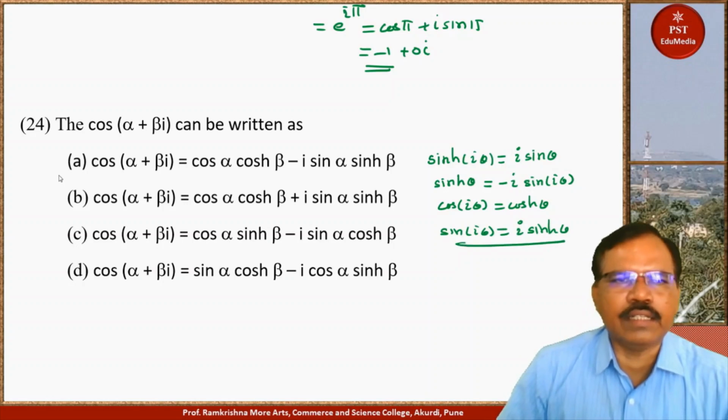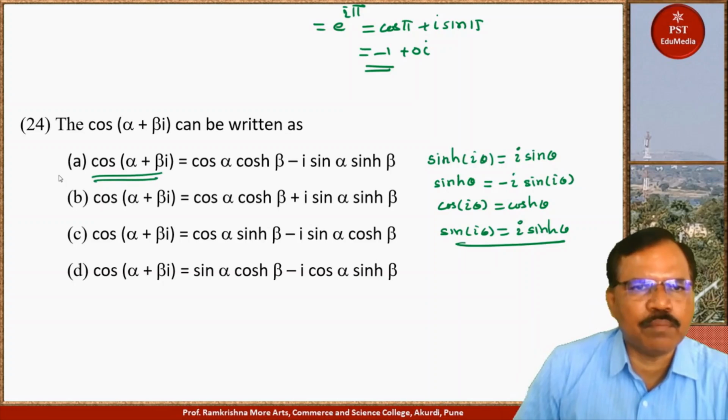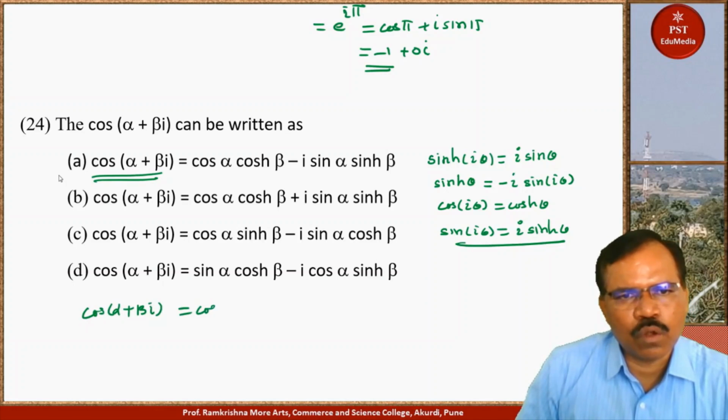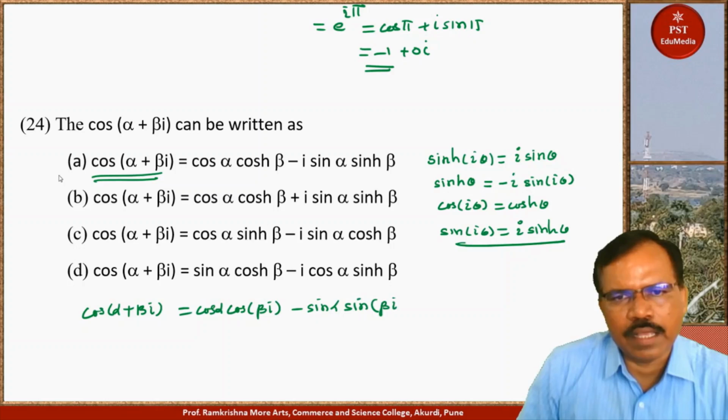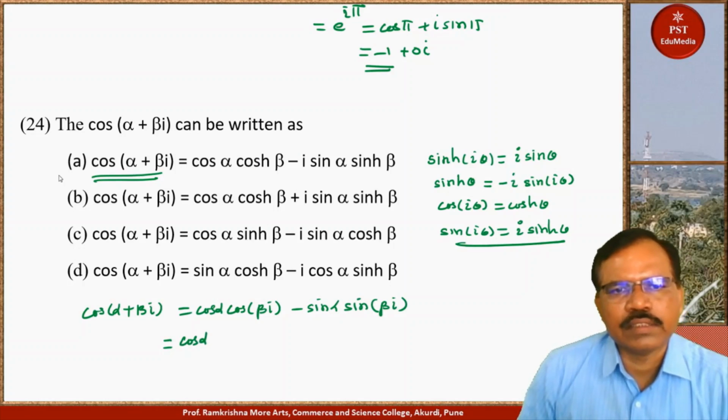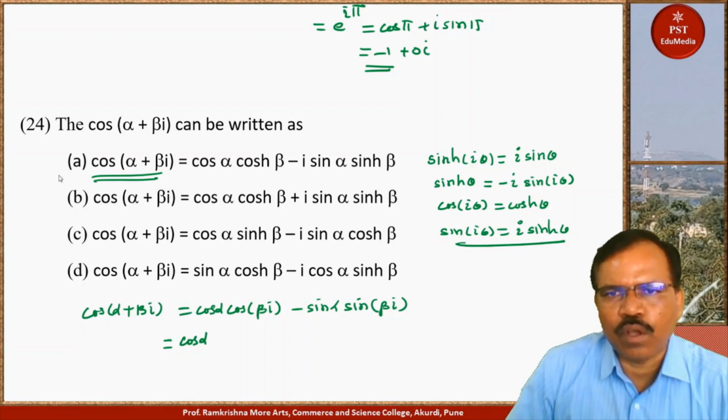These are some identities. Now cos of alpha plus beta i, I can write as cos alpha into cos beta i minus sin alpha into sin beta i.